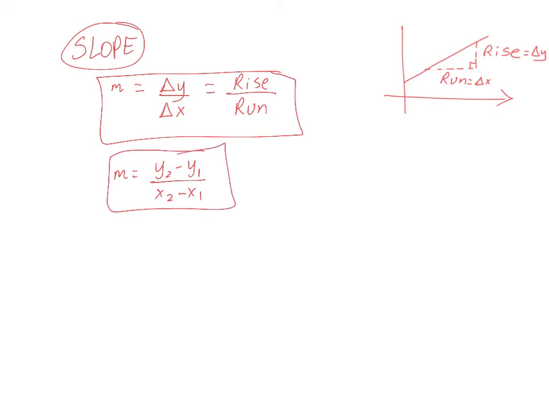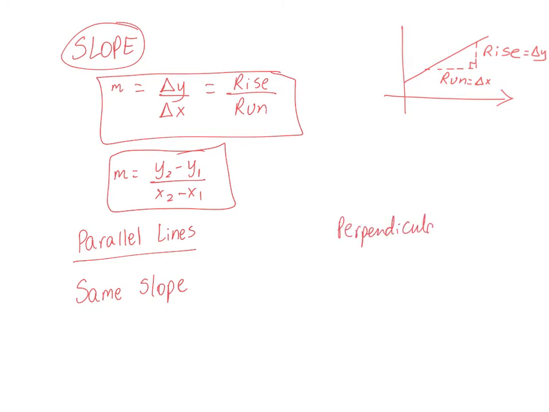Okay. Then parallel lines have the same slope. Perpendicular lines have slopes that multiply to give you -1.